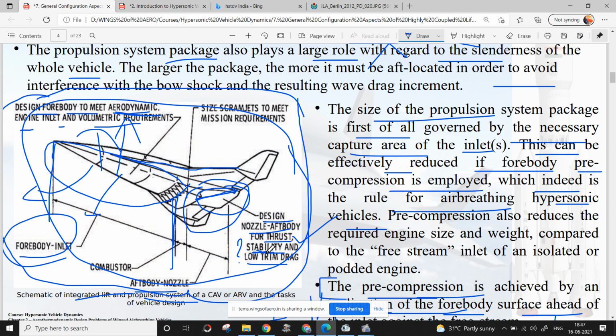I hope you understand how the forebody helps the propulsion system, and how the design helps for thrust, because that is the basic thing. But how the forebody is helpful for aerodynamics and how the nozzle is helpful for stability, I will explain in the upcoming session.